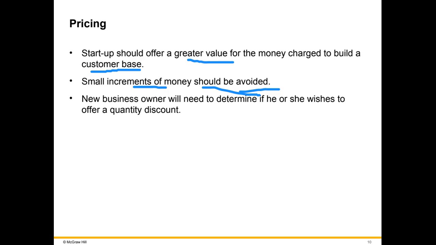So a new business owner will need to determine if he or she wishes to offer a quantity discount. So we know the quantity discounts. When you increase the quantity that you purchase, they will give you discounts on it. So you have to be very clever to understand how you should go about increasing the sales.